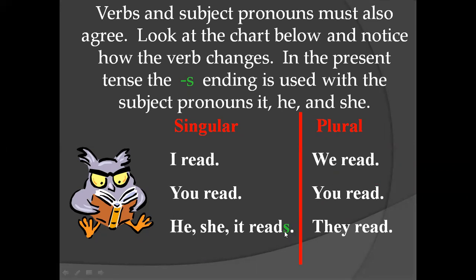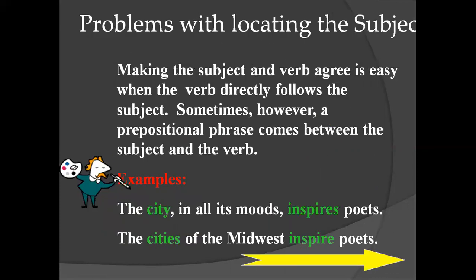Just in the third person you add s or es. In plural, we don't need any endings: we read, you read, they read. Just in the present tense, with the pronouns it, he, and she, at the end we should put s or es.